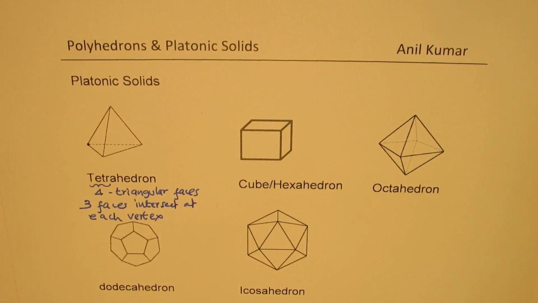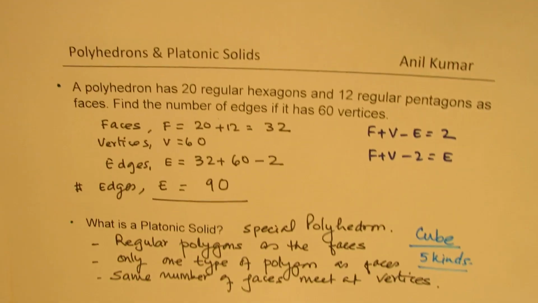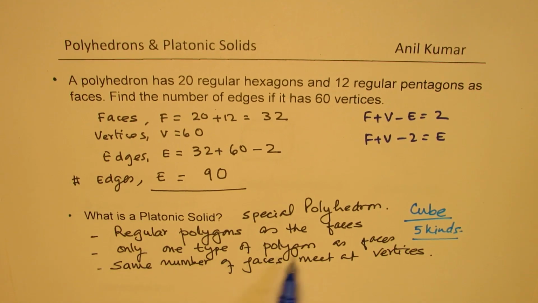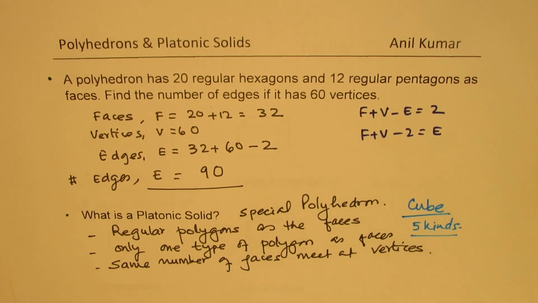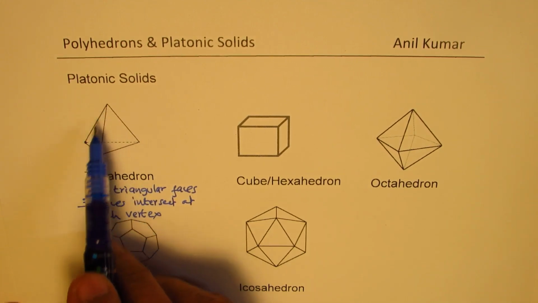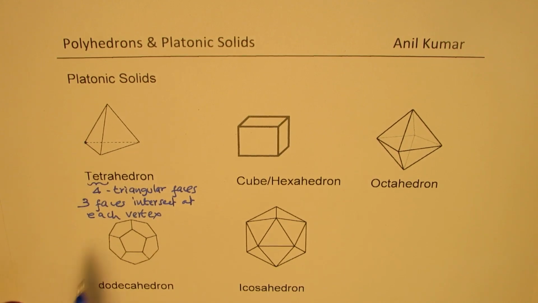As we pointed out, for a Platonic solid, it is very important that all have the same regular polygons, only one type of polygon, and the same number of faces meet at each vertex. There are 3 triangles which meet at each vertex. So that is a tetrahedron.